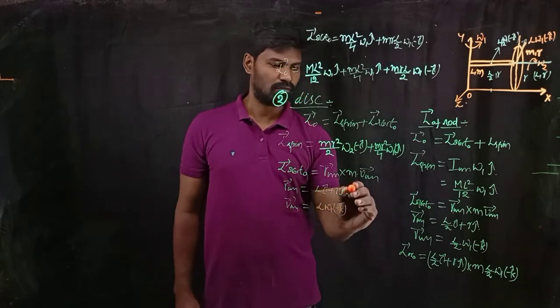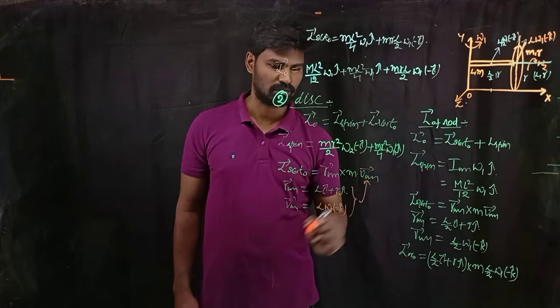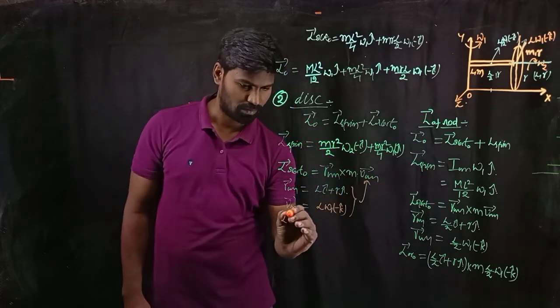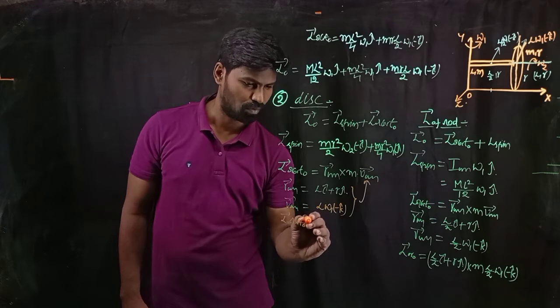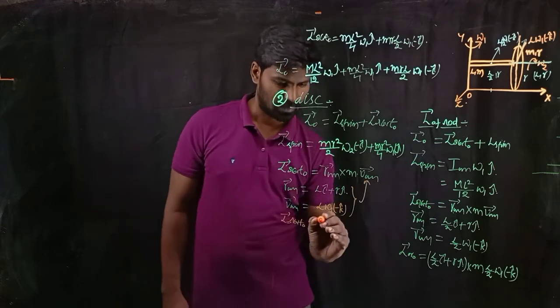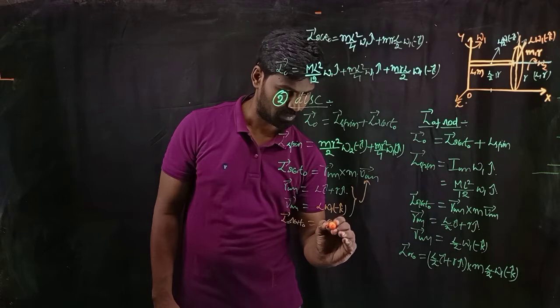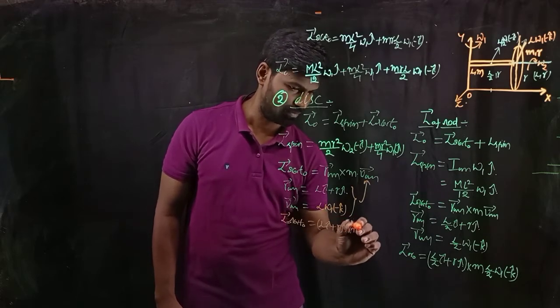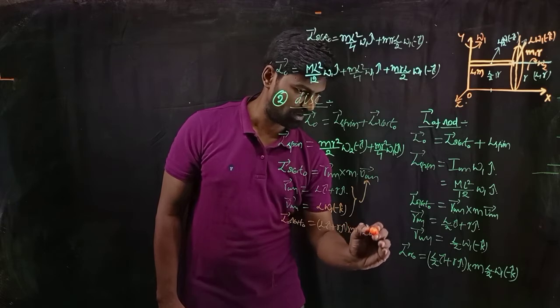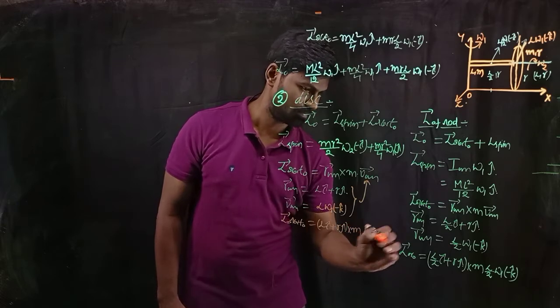If we substitute these two into this expression, what are we going to get? L bar orbit about O is equal to L i cap plus r j cap cross M into L omega 1 minus k cap.